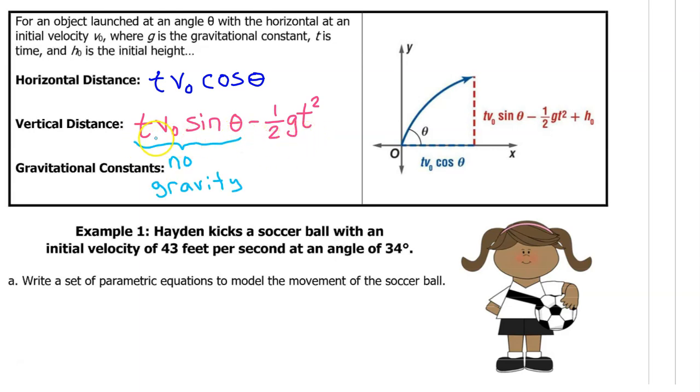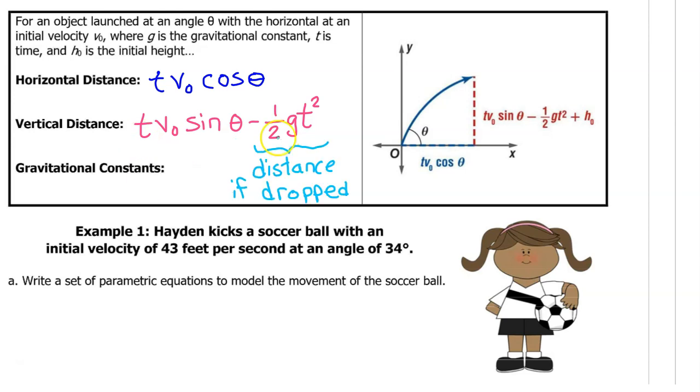This first term is the vertical distance the object would travel if there was no gravity. It's just the vertical component of the initial velocity times the time. The second term is the distance the object would fall during time t if the object were simply dropped near the Earth.